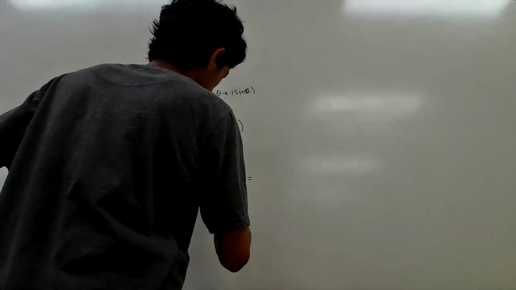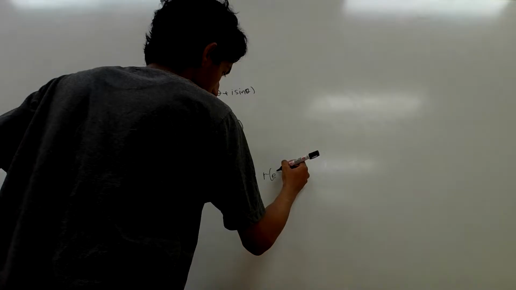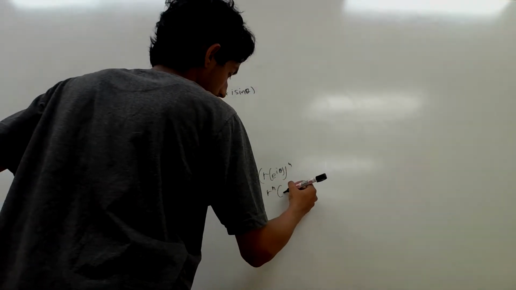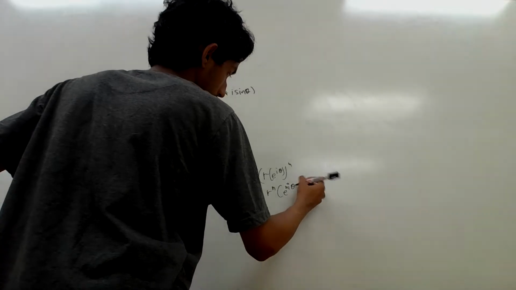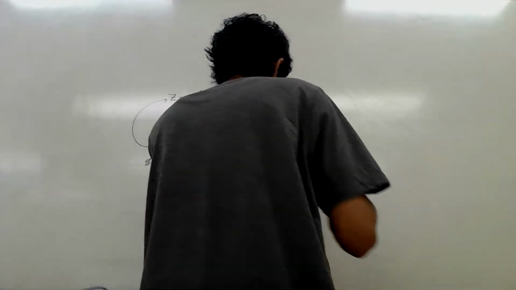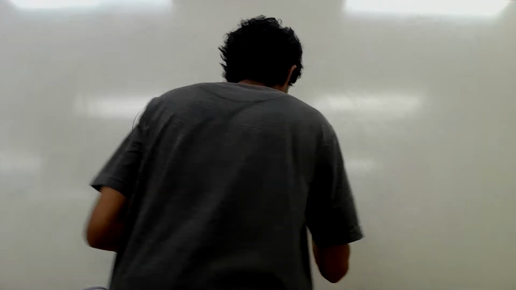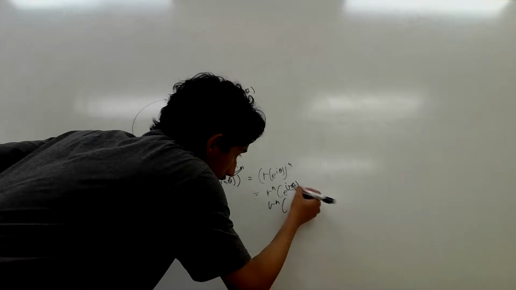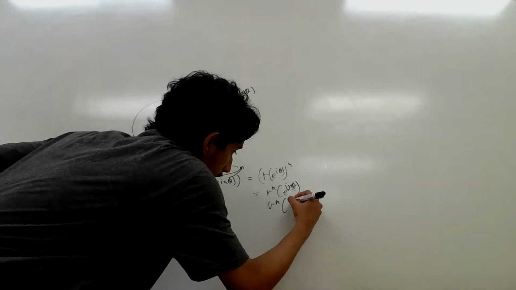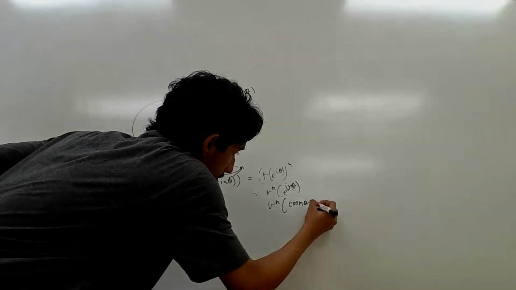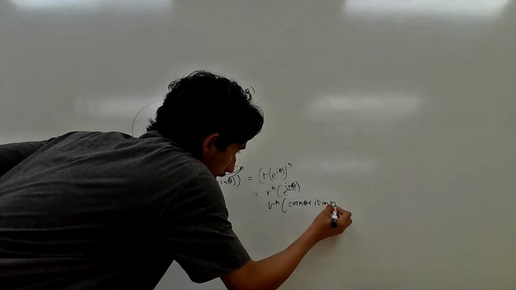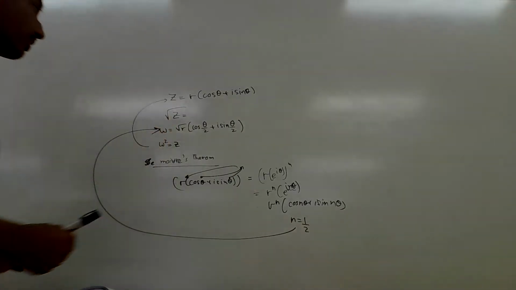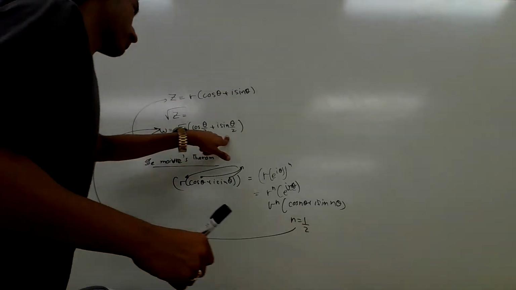You can write this as r times e to the power iota theta, whole to the power n. So this becomes r to the power n times e to the power iota n theta, and you expand this with n theta, not only theta. So if you put n equals half, you get back to the square root.